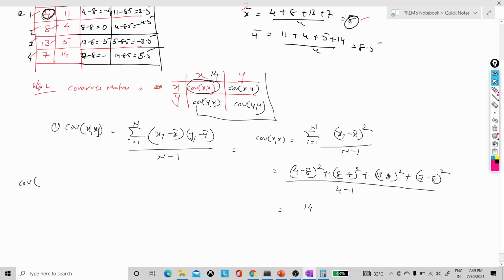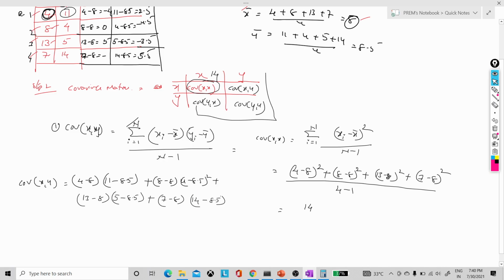Similarly we have to calculate the covariance of x and y. The formula will be like this: xi minus x bar means 4 minus 8 and yi is 11, so 11 minus y bar, which is 8.5, plus 8 minus 8, 4 minus 8.5, plus 13 minus 8, 5 minus 8.5, plus 7 minus 8, 14 minus 8.5, divided by 4 minus 1, which means the answer will be minus 11.